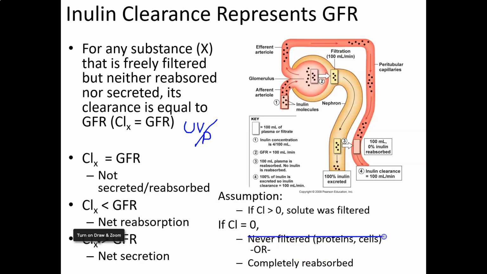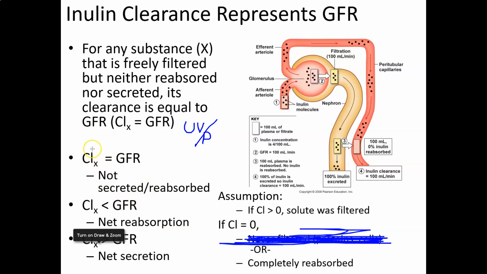So we're not going to worry about this one, so I'm going to cross it out. For our purposes in class, we're going to assume that everything is filtered. So assuming it's filtered, then we can look at a couple situations.